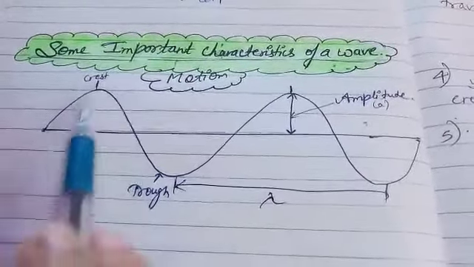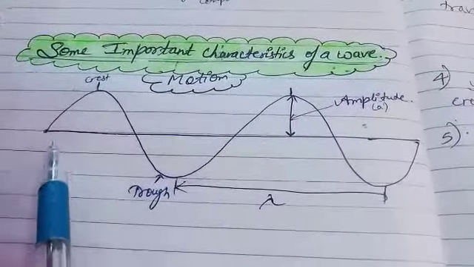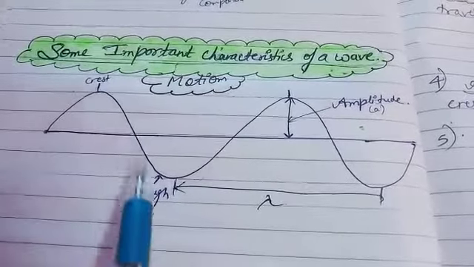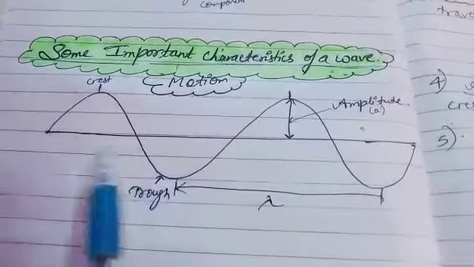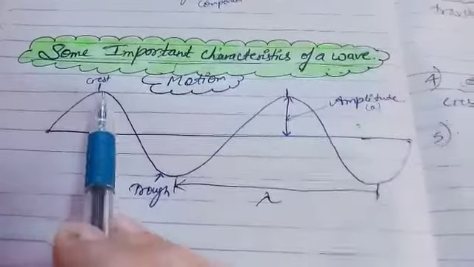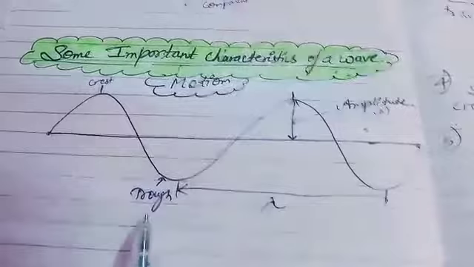How does it move up and down? Now simple, the point of maximum upward displacement is known as crest, and the point of maximum downward displacement is known as trough.